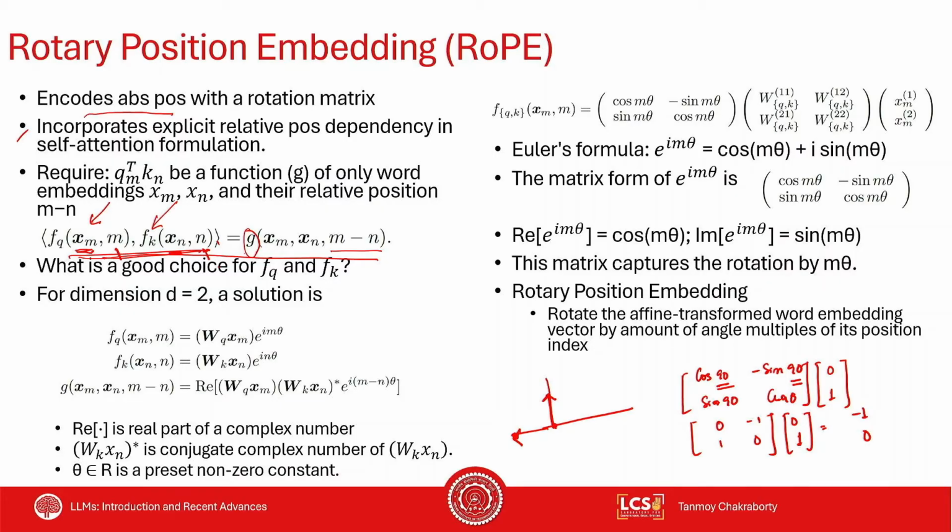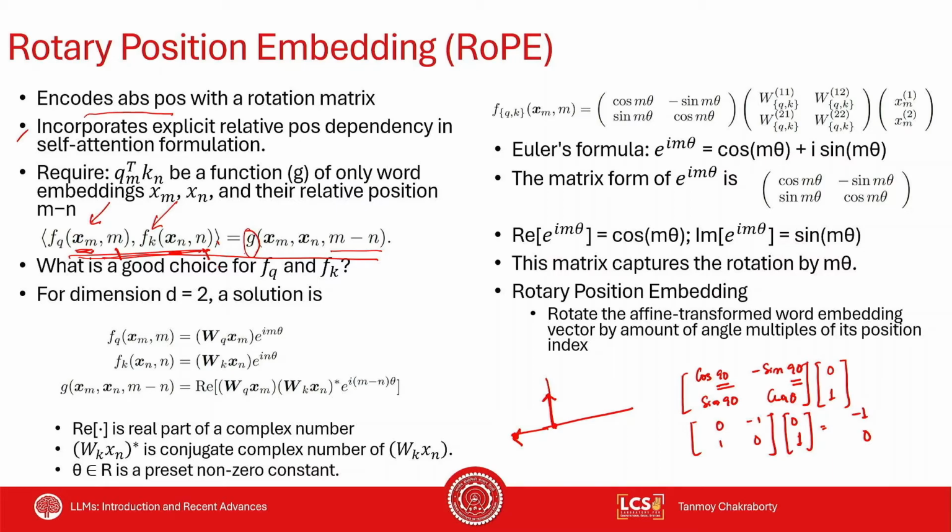So fq and fk depend on the absolute position, but g depends on the relative position. When I do the dot product between fq and fk, the resultant value would be the same value produced using g.